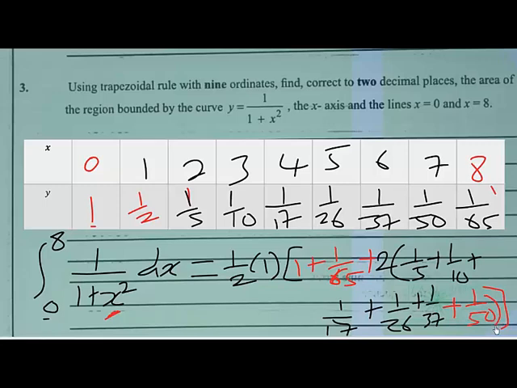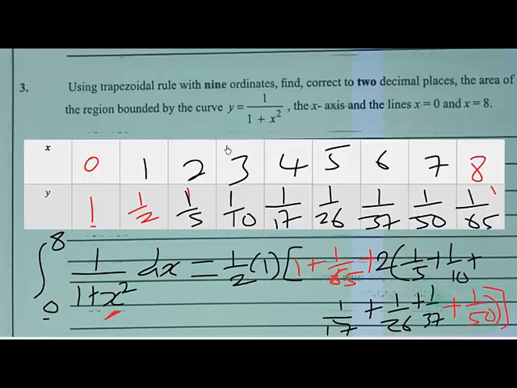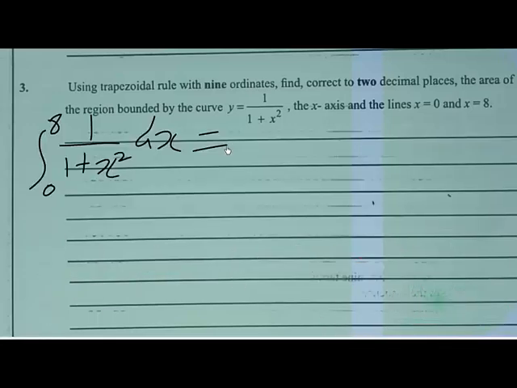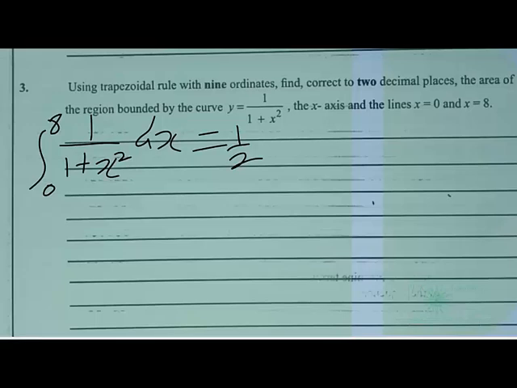So we need to simplify this. So this will give us half times 1 is half. So we have 0.5 there, or 1 over 2. Then inside the parentheses we have 1 plus 1 over 65.